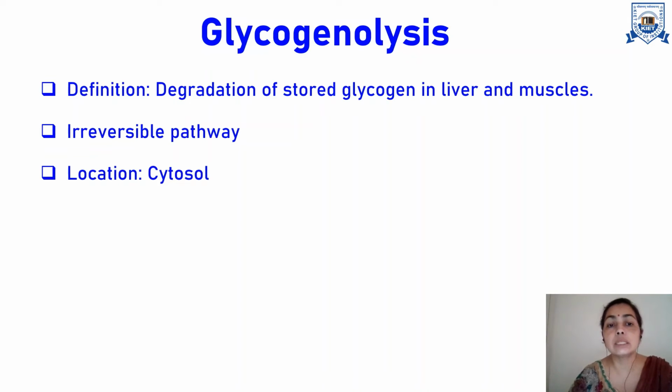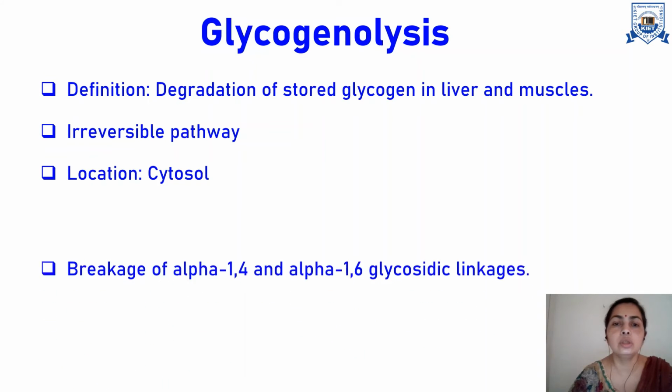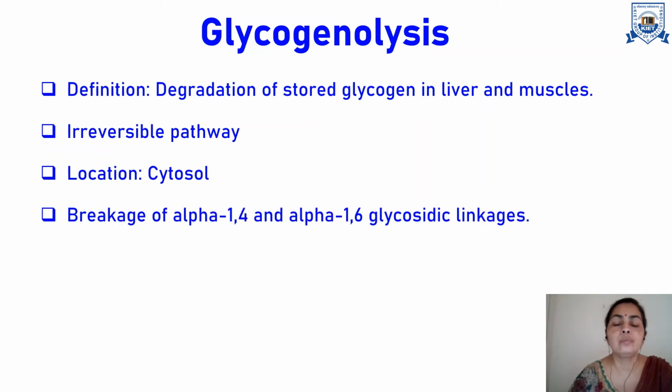This pathway is irreversible, and secondly, as in glycogenesis the enzymes are in the cytosol, similarly the enzymes required for degradation of glycogen are in the cytosol, so it takes place in the cytosol. Like there was formation of alpha 1,4 linkages and alpha 1,6 glycosidic linkages, here those linkages will be broken so that individual monomers of glucose can be released.